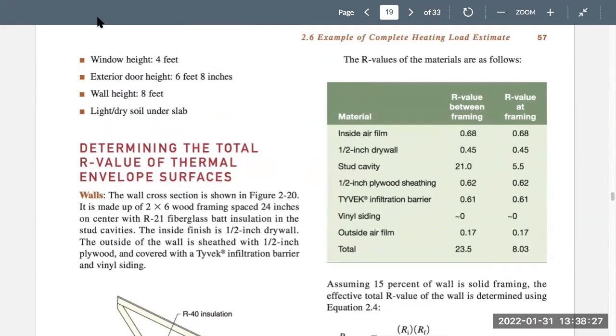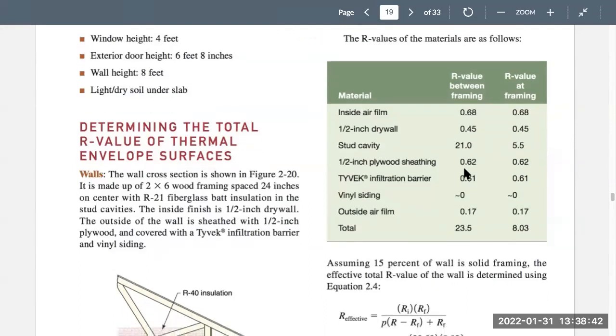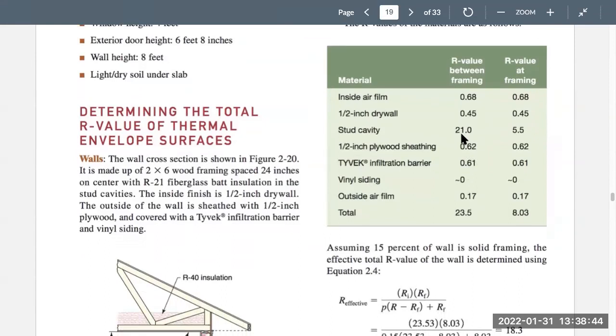Sorry about that. We did the air inside film, which was found in our notes. And then we had to look and find, what is our value of drywall? And then between the stud cavities, do we have studs? That's what this whole thing is.